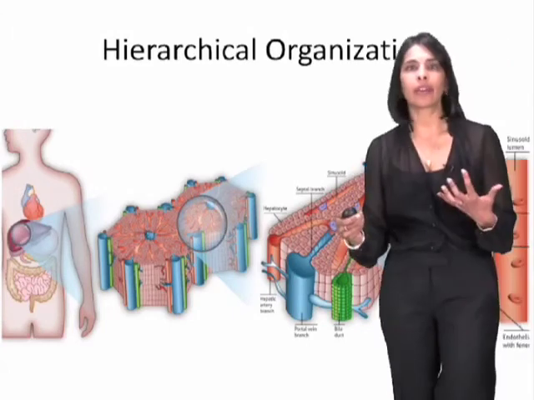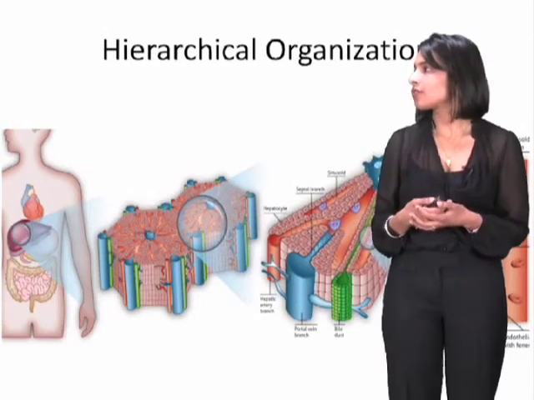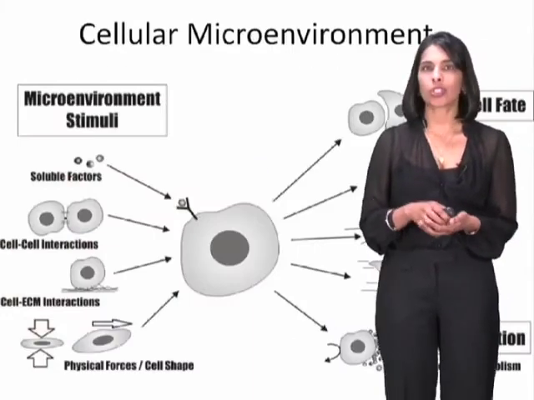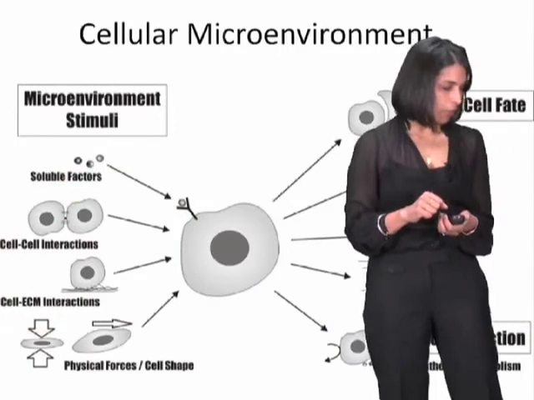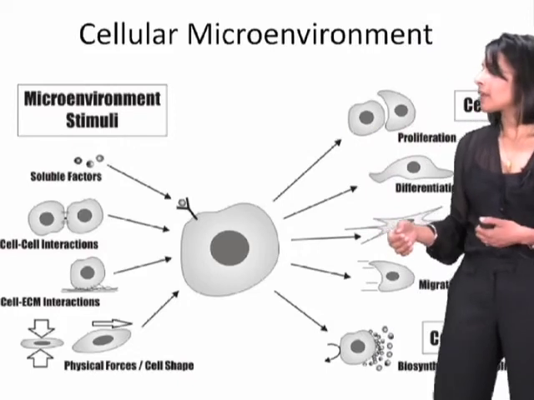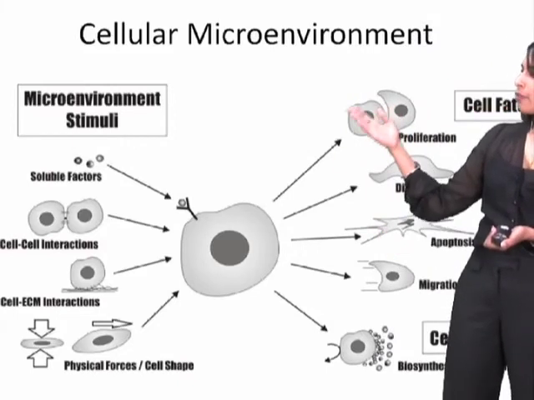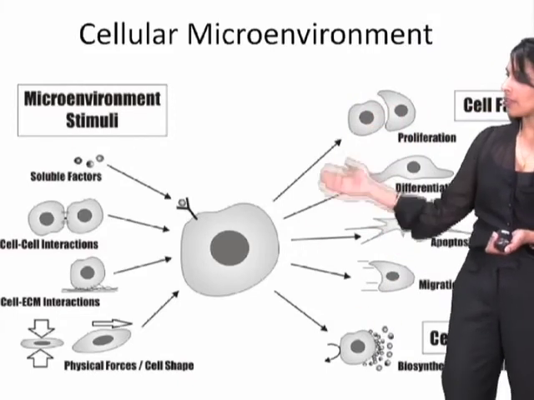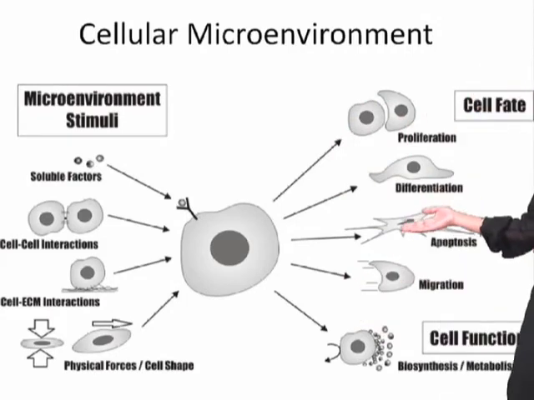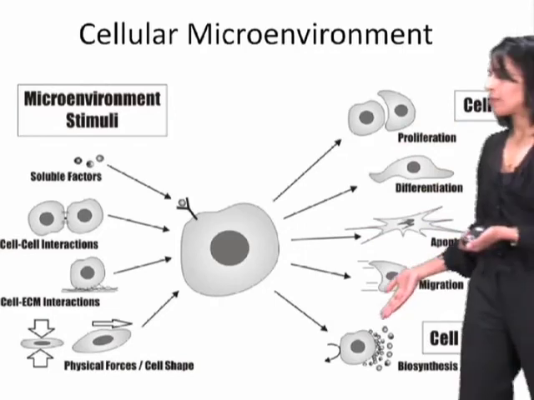So it's this hierarchy which tissue engineers have to grapple with, in the sense that cells actually respond only locally to their microenvironment. Even though you're trying to build a large structure, if you care about cells performing the functions of interest, and here are some functions that one might care about: proliferation, differentiation, apoptosis, migration, or metabolism.